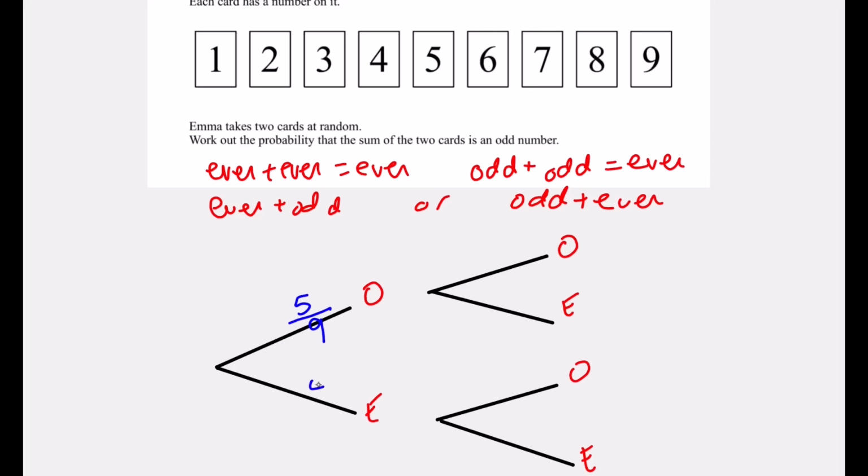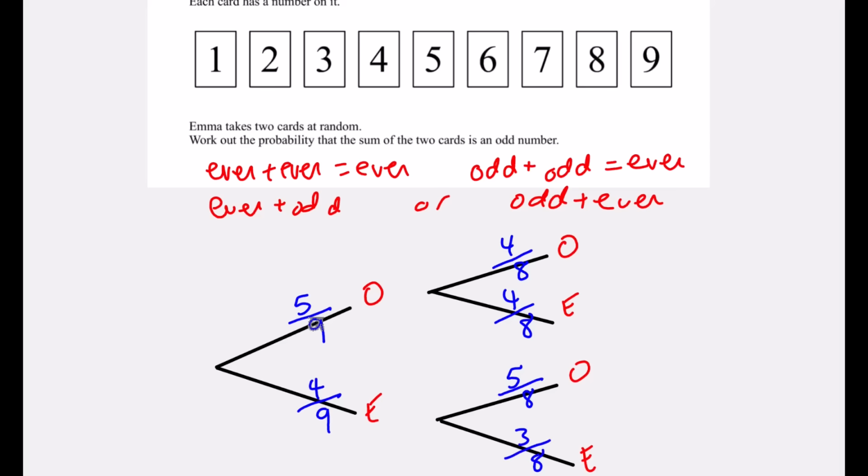The chance of getting even is 4 out of 9. Then if we took an odd out, what's the probability of getting an odd now? There are now 4 odds out of 8 and 4 evens out of 8. If we took an even out, what's the probability of getting an odd? 5 out of 8, an even 3 out of 8.